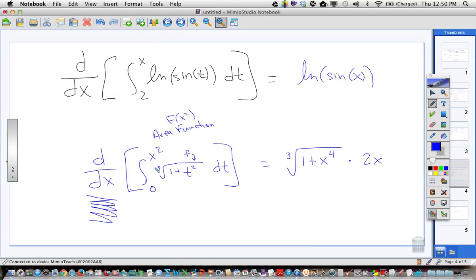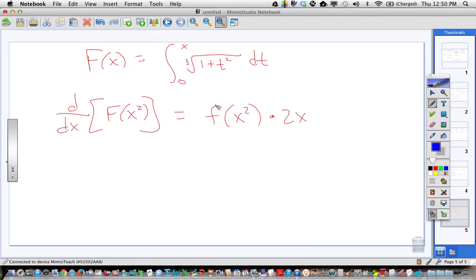Now I just realized we didn't finish this one. We shouldn't have stopped here. What's little f in this one? Little f is that. So what's little f of x squared? That means put an x squared in for the t. So this should have been cube root of 1 plus x to the 4th, and then with the 2x tacked on. So that should have been our answer to 49.